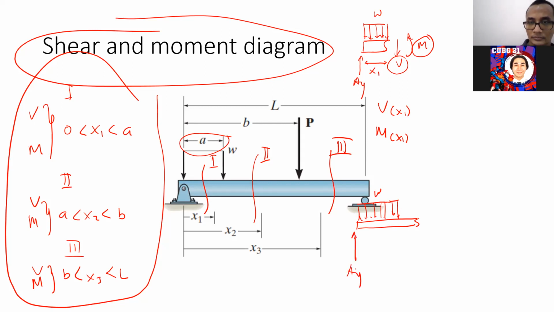We have AY, W, then this one is X2, the distance from the left edge to the cut is X2. We have V1, M1, V2, M2, like that. So later V2 and M2 will be in terms of X2.